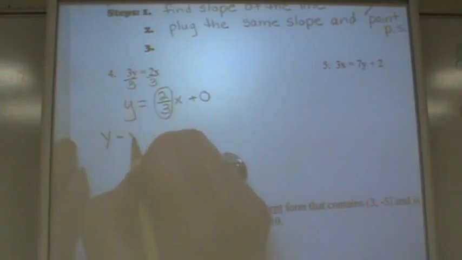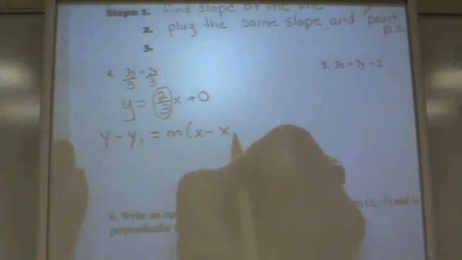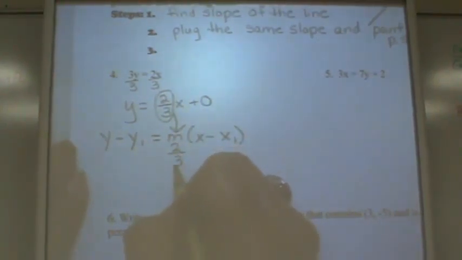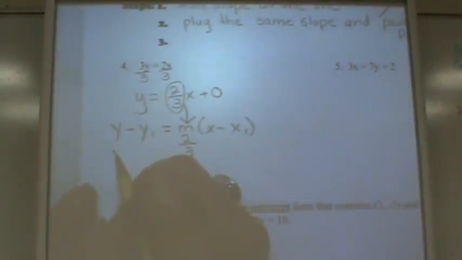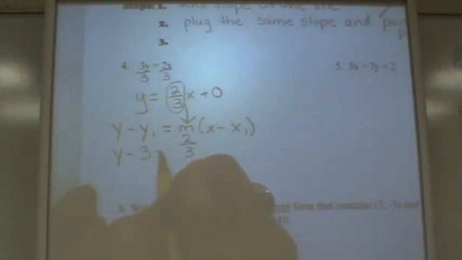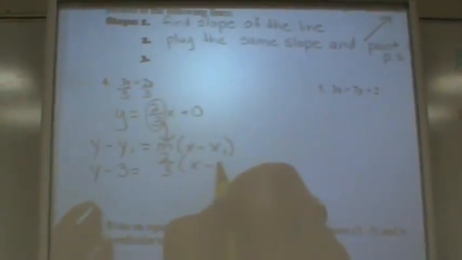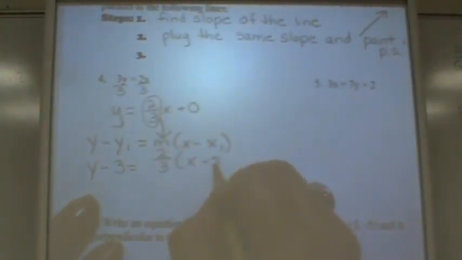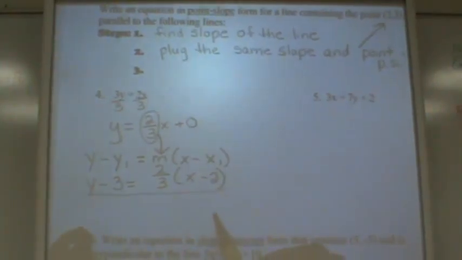It's y minus y1 equals m times x minus x1. So the slope you're going to use is 2/3, and you're passing through the ordered pair 2, 3. So it contains 2, 3. So 3 is your y value, and for your x value, it's x minus 2. So that is your point slope form.